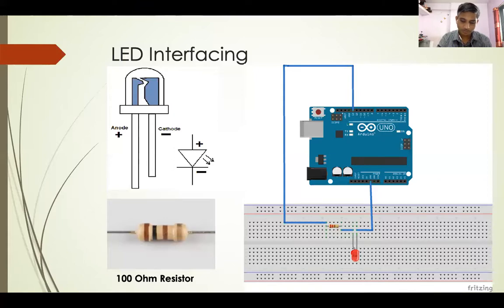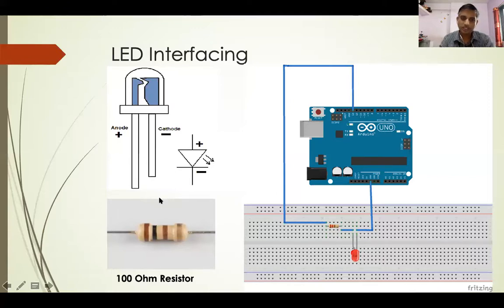While making the connection of the LED, make sure that you know what is the anode terminal of the LED and what is the cathode terminal of the LED. You can simply identify the long terminal of your LED as the anode and the short terminal as the cathode terminal.